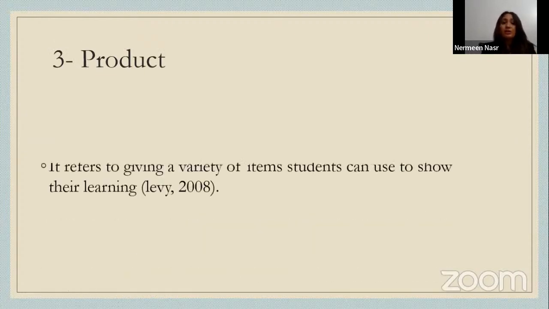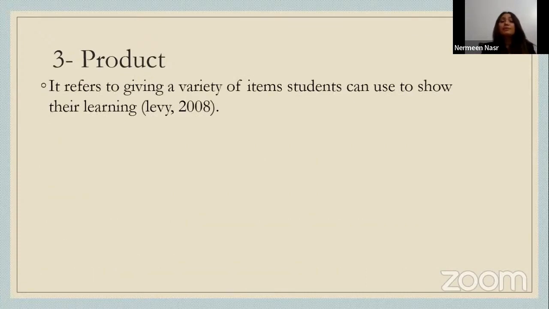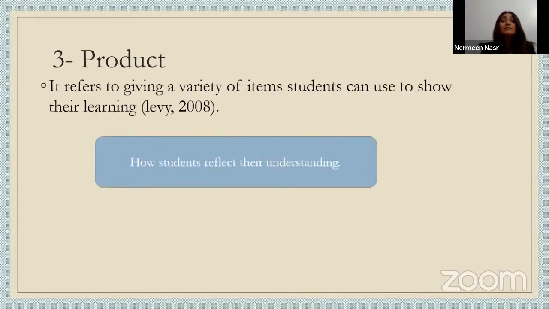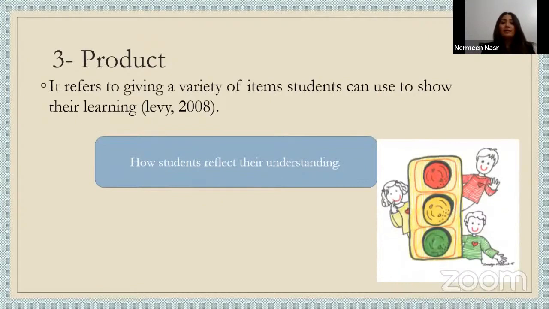The third and the last thing that we're going to learn today is how to implement product differentiation. According to the definition, product differentiation refers to giving a variety of items that students can use in order to show their learning. So here I'm talking about how students reflect their understanding.